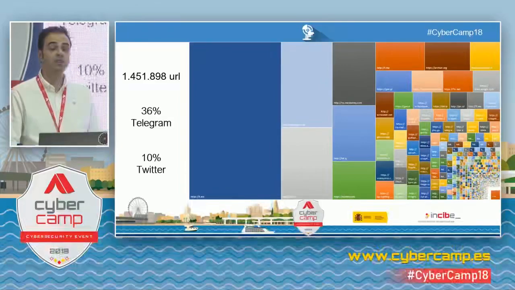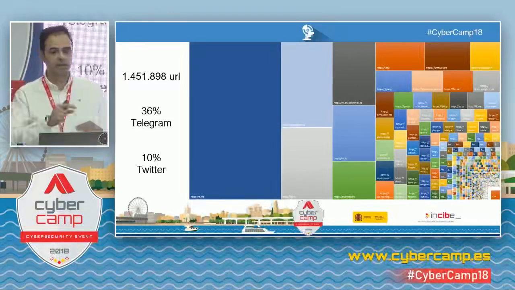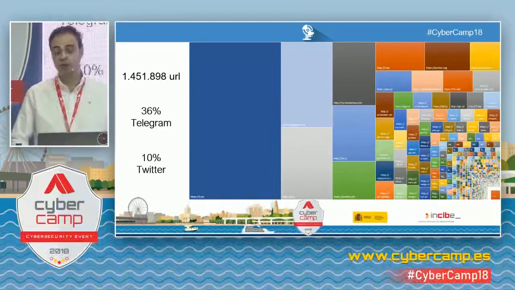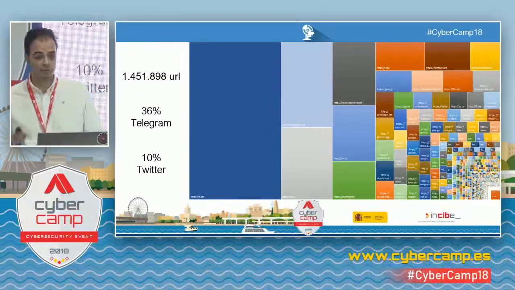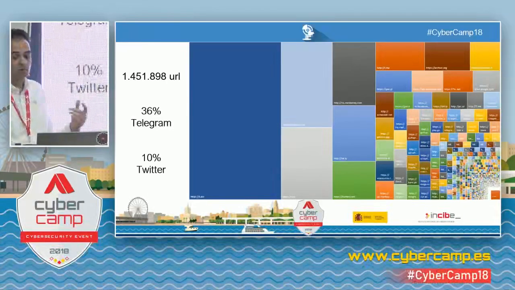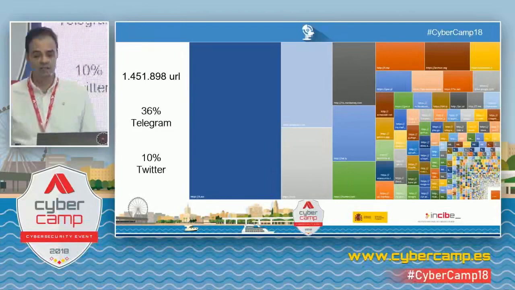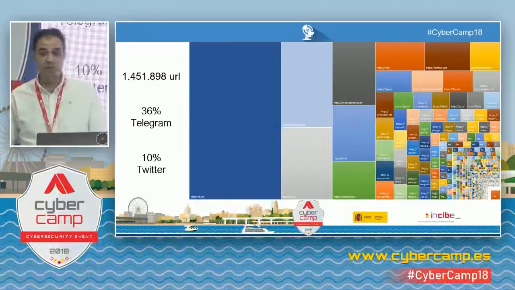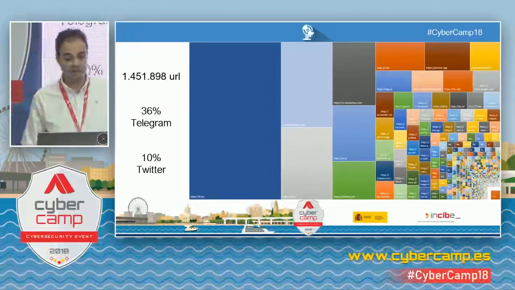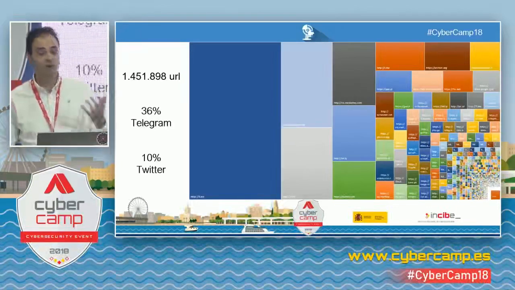For instance, from Telegram to Twitter, and then on the Twitter account, again, you would have links and connections with other social media, with other storage possibilities, back and forth.